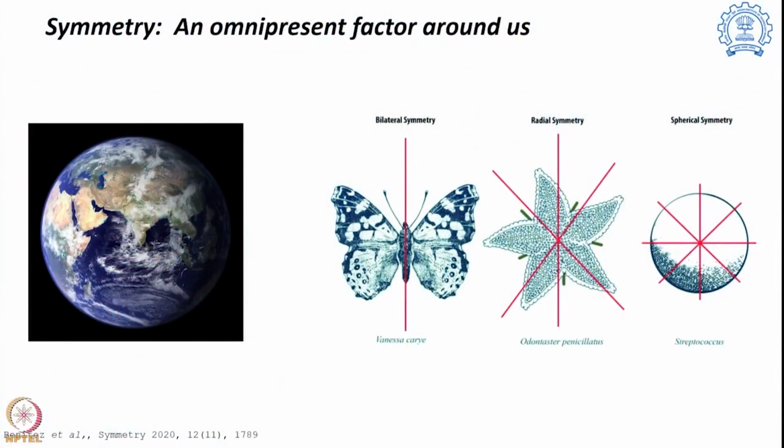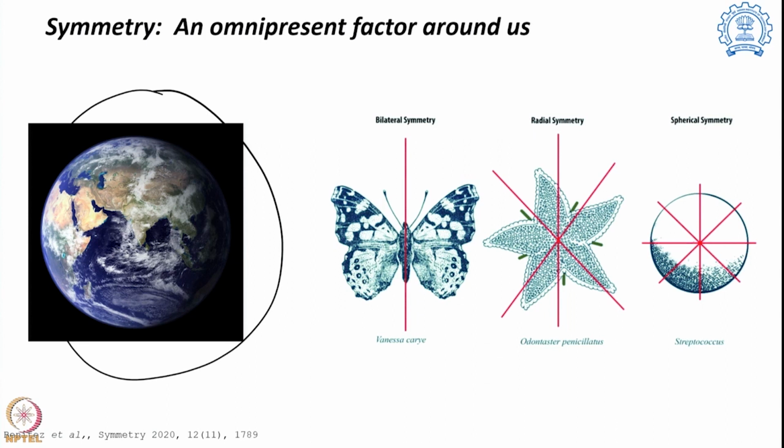So, if we look at the world around us, this blue planet, we have multiple different variants of life forms. Although they are divergent in numbers, there is one very unique thing among all of them. There is some symmetry around them. So, what is symmetry?